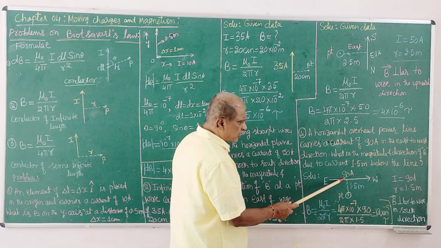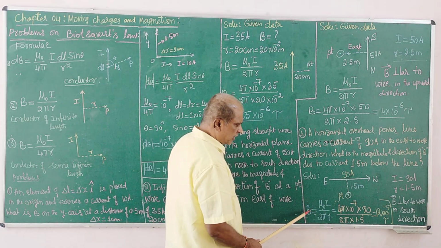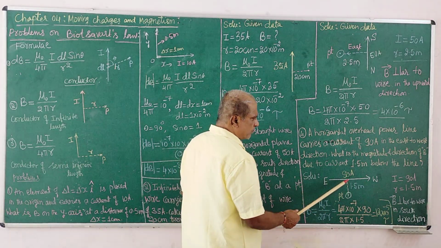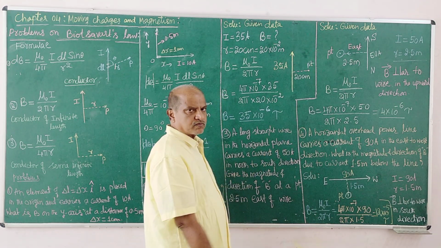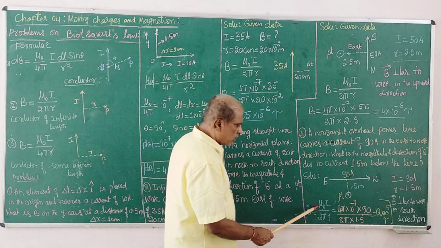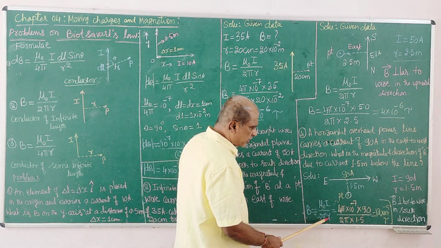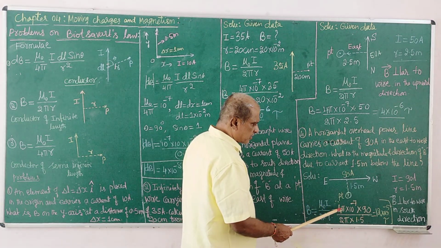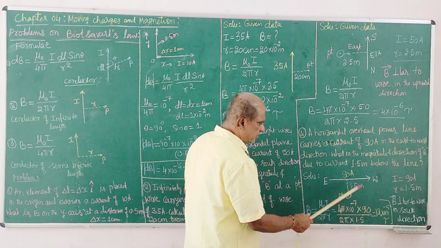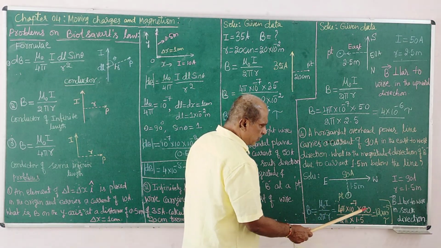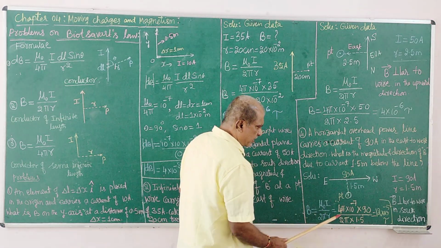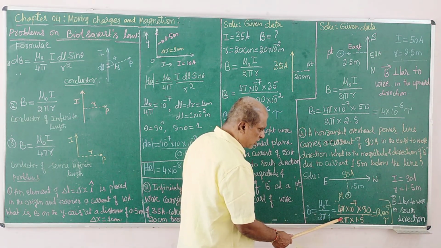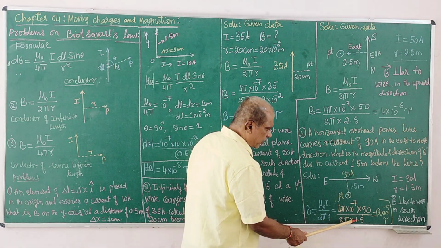For the calculation of the magnetic field, use the same equation, because a power line means infinite length. Mu naught I divided by 2 pi r is suitable. Write mu naught in SI. I value is 90, divided by the denominator 2 pi r, where r is 1.5.